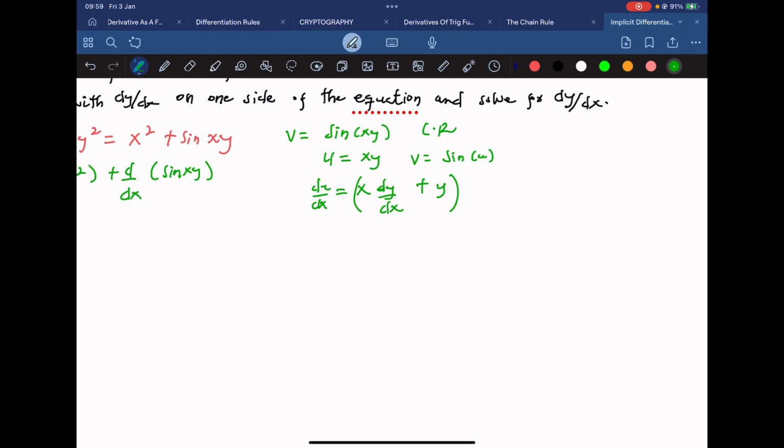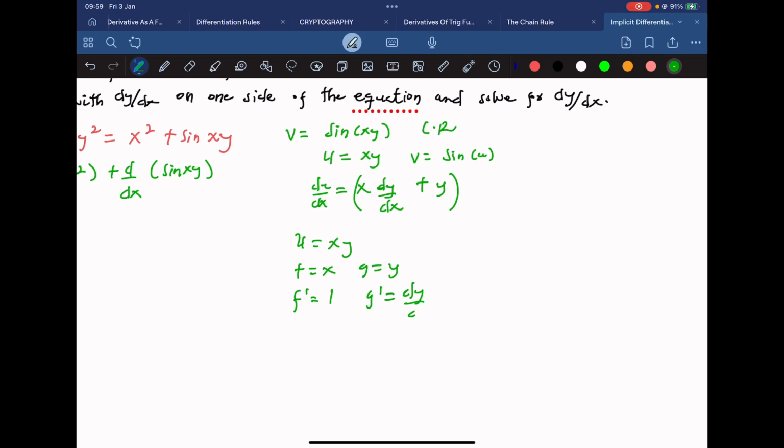So what I did there was, now when you have u is equal to xy, you can have f to be x and your g to be y. So f prime is equal to 1. Now g prime, since we are differentiating with respect to x, normally if we differentiate y, you should get 1. But since it's not x, we have to add the dy/dx.